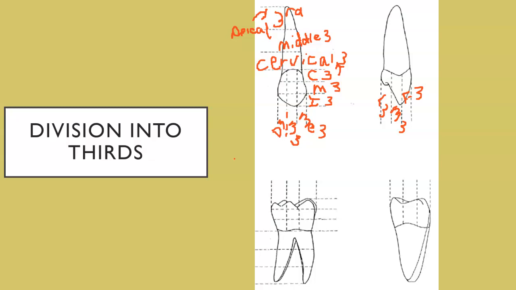So now focusing on the posterior tooth, this is as if we're looking at it from, again, the buccal view. So we're looking at it straight on. Let's start with down here. This should be easy for you to get. This would be our cervical third here, because it's towards the neck of the tooth, or the cervix of the tooth. The middle third, and our apical third.